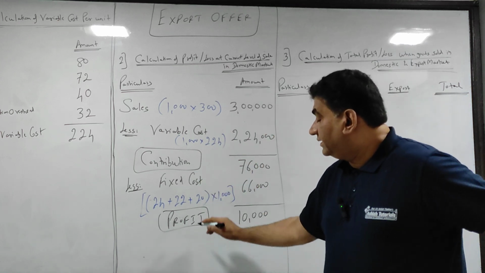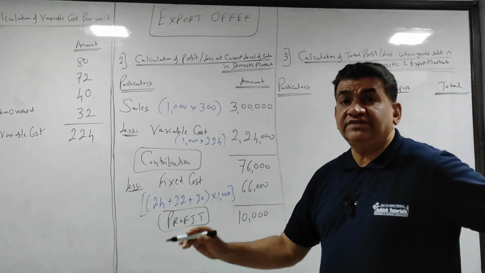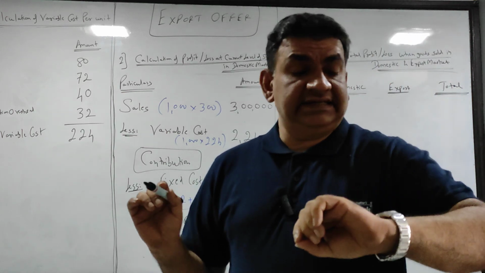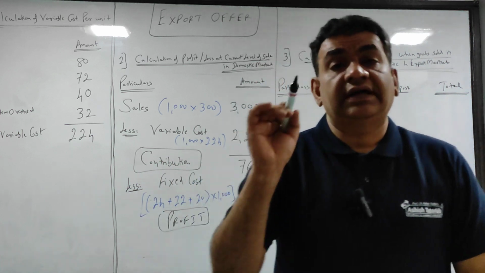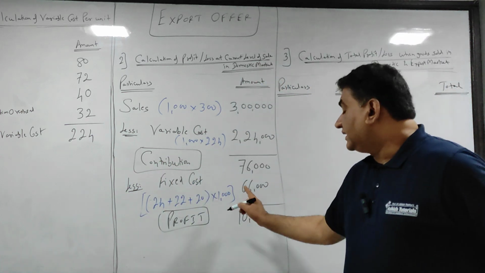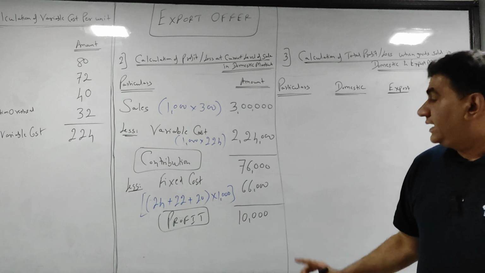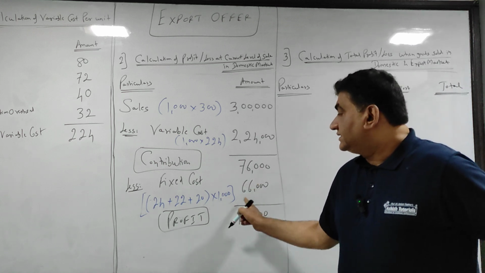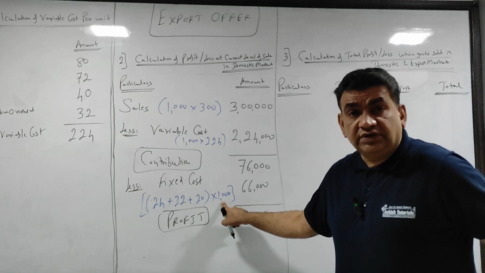So I'll repeat. My fixed cost, which is given per unit, has to be always at the current level of output, and my current level of output is 1000 units.